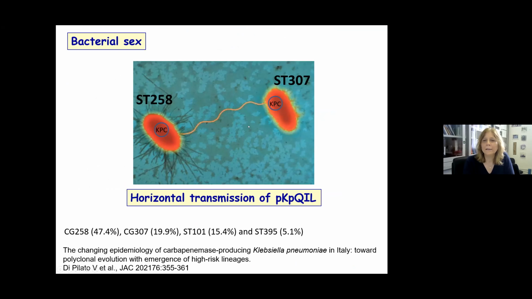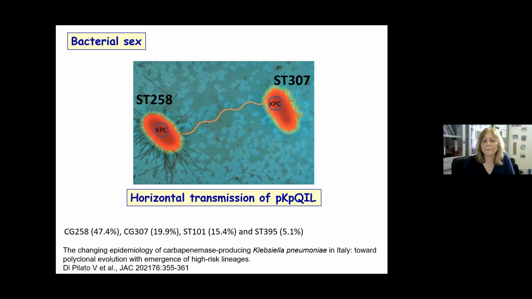Simply, the 307, which was underestimated because it was not carbapenem resistant, but just producing an extended-spectrum beta-lactamase, received the transfer of the plasmid carrying KPC from the 258 clone. This transfer probably made this clone more successful than the previous one, and it emerged in the group of carbapenem producers that are normally under surveillance.